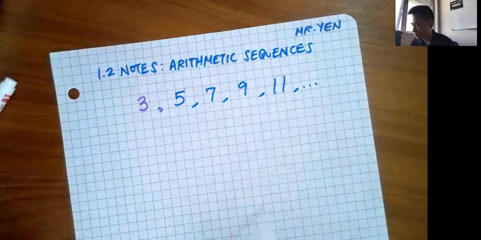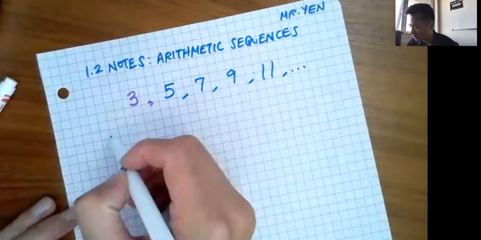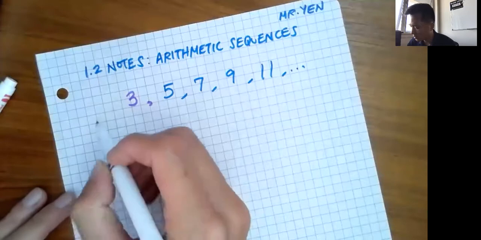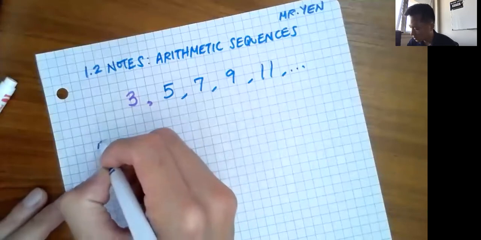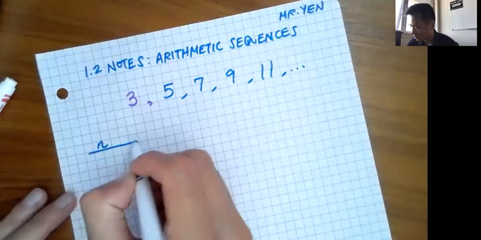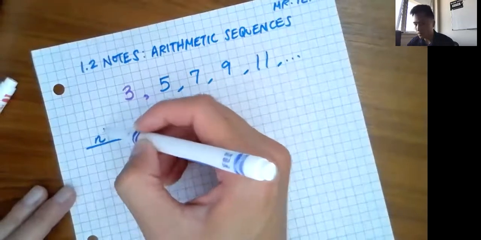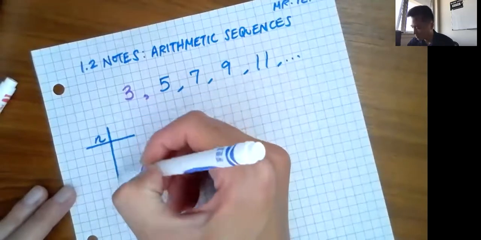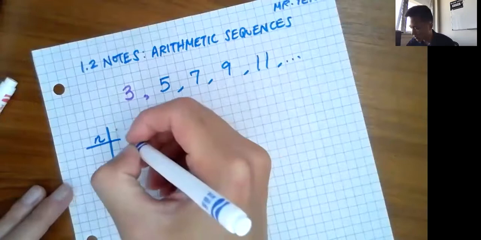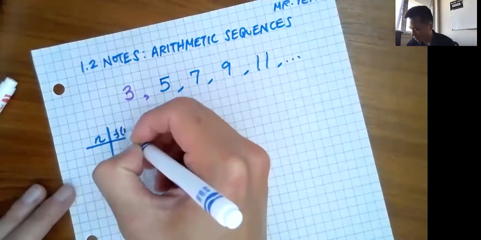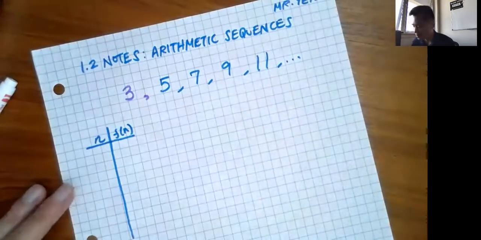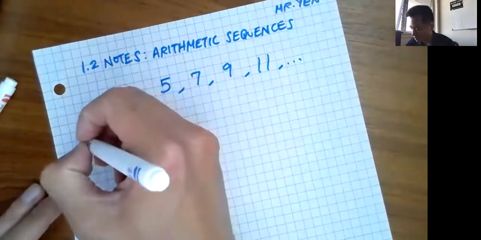And now I want you to make a table on the left side here, where it's n on the left side of the table and f of n on the right. N is going to represent the term number.